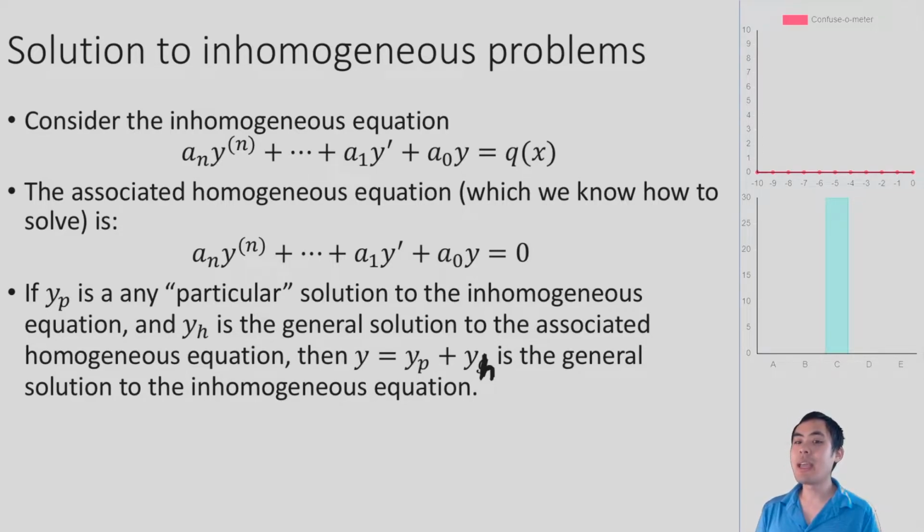Basically, if you have any solution to the inhomogeneous one, you can add that to the solution to the homogeneous equation, and that gives you a general solution to the inhomogeneous one. Let's see an example.